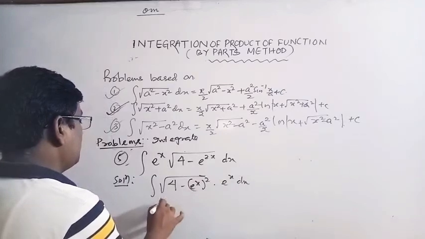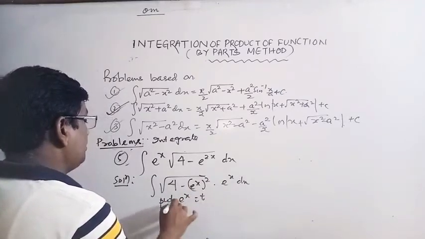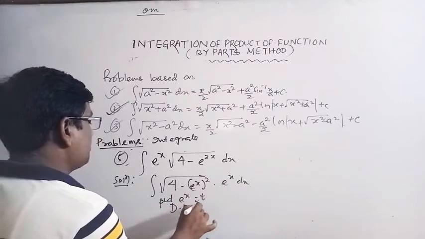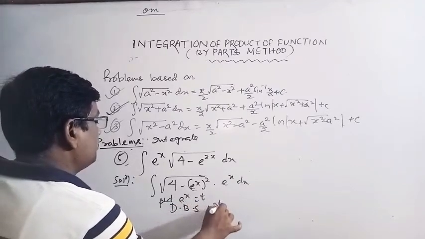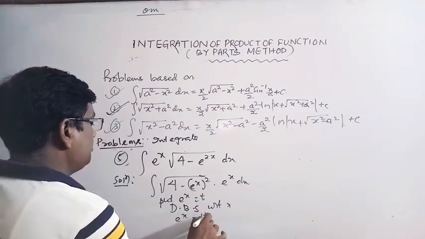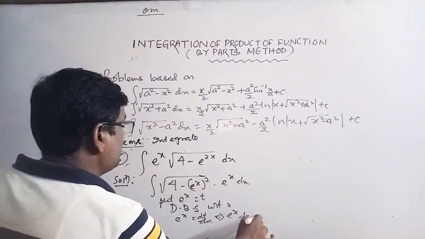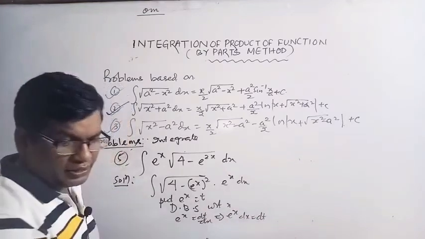So put e to the x is equal to t, differentiate both sides with respect to x. So e to the x dx is equal to dt. Clear?